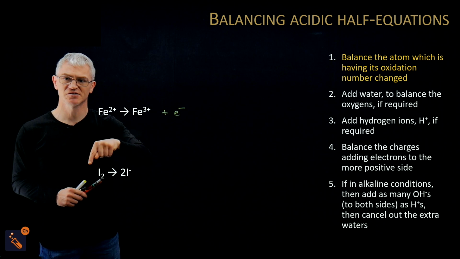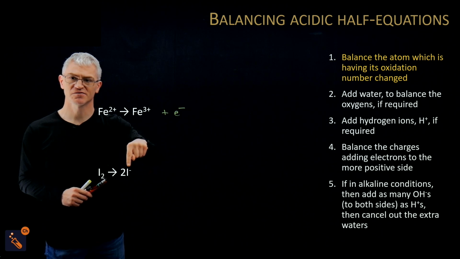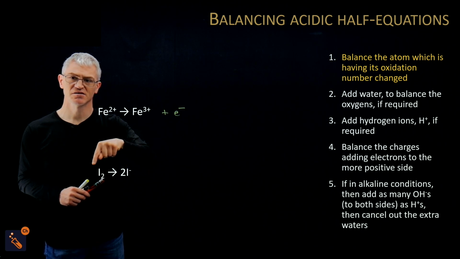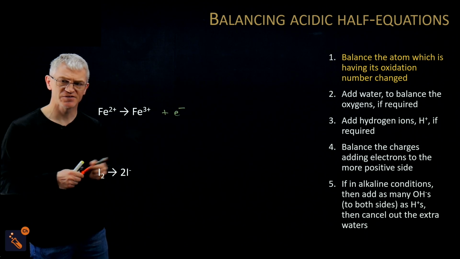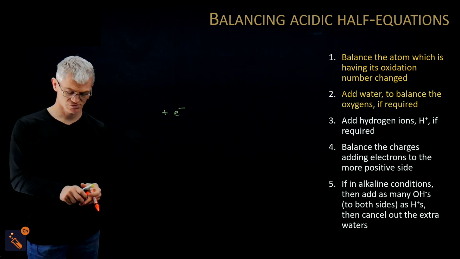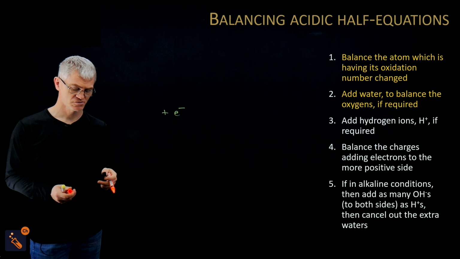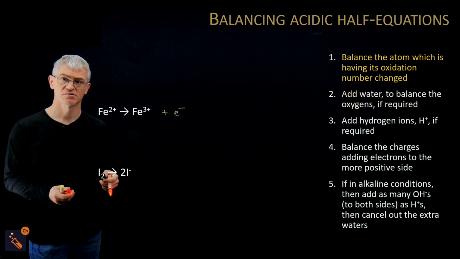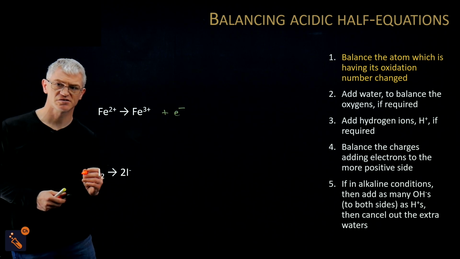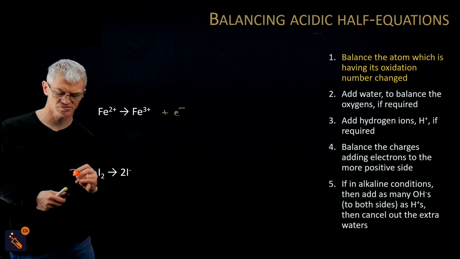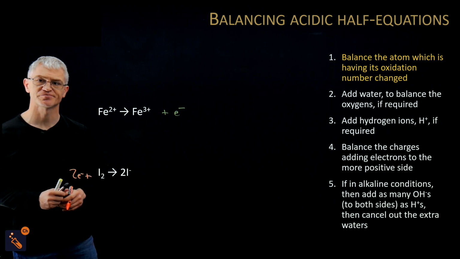If we look at this, we've got I2 to 2I-, which means it must have gained 2 minuses. So I must have 2 electrons on that side.